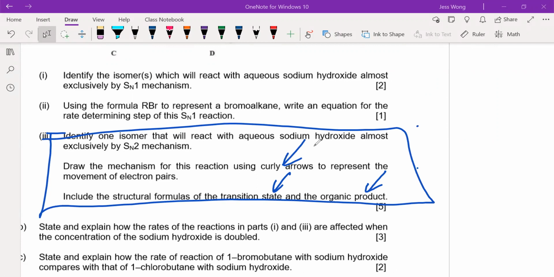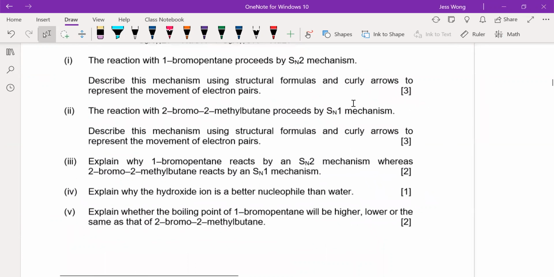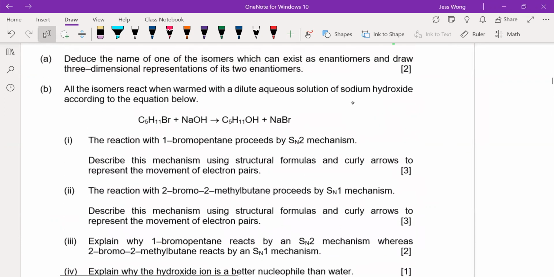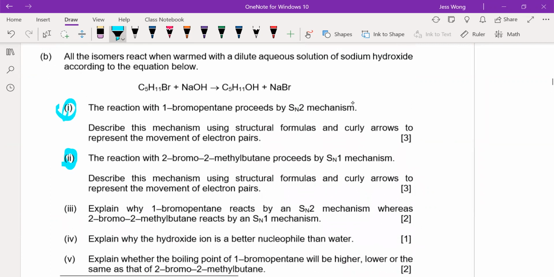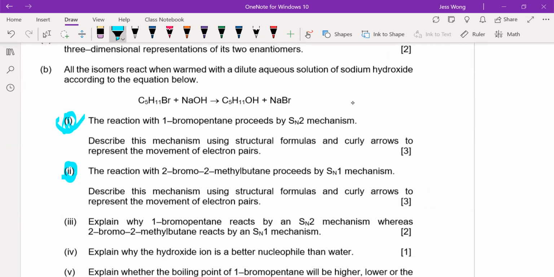Everybody will show me your answer, to show that you have actually done your work. So these highlighted questions all have to be shown to me.